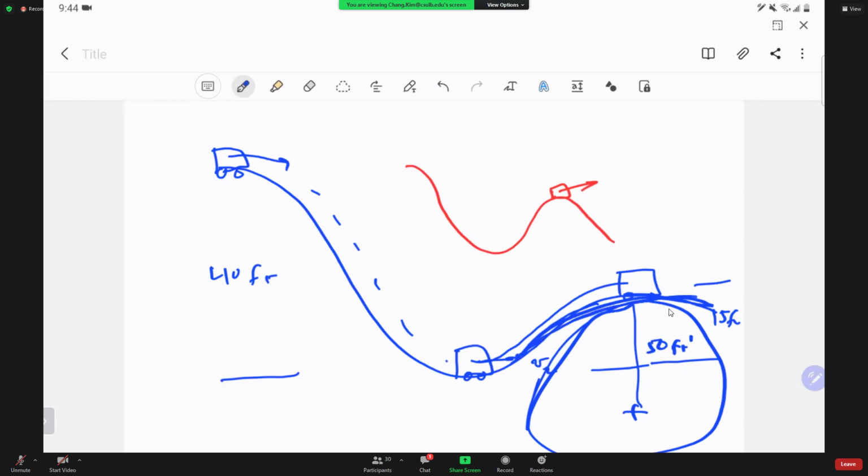So make this nice and smooth. Otherwise you're going to be flying off the track.